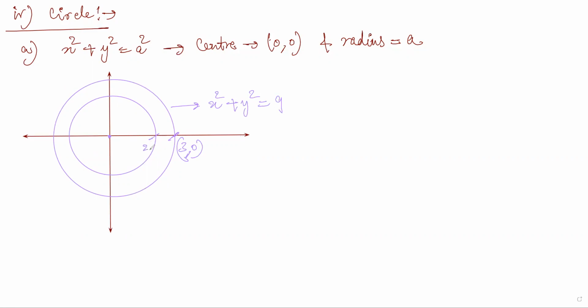Let's say this point is 2. Then the graph will be of x square plus y square equals 4. This is the simplest form of circle in which the center is the origin and you will be given some radius a. In this case, the radius is 3. Similarly, in this case, the radius is 2.